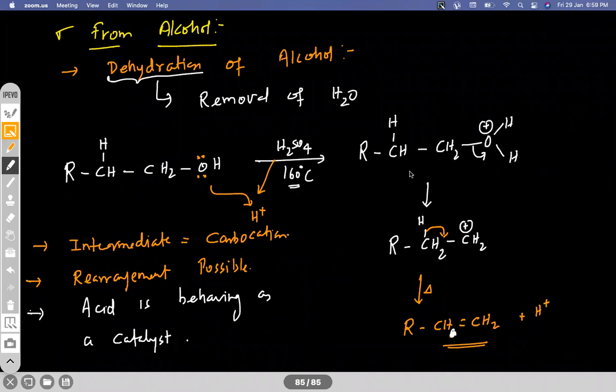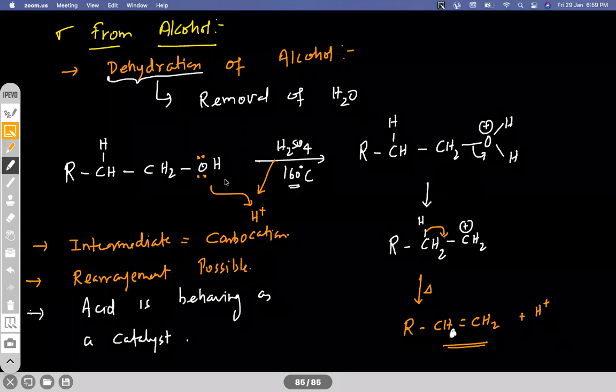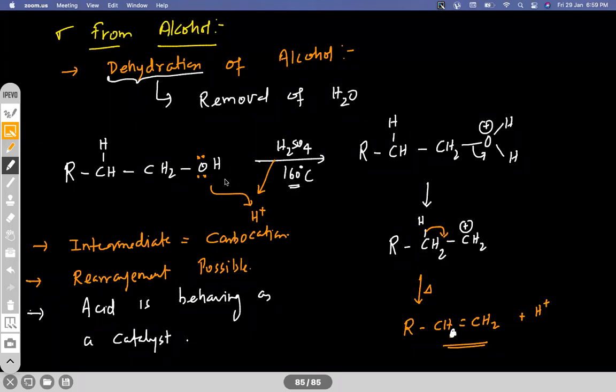No, actually, see what happens. OH is a poor leaving group. Correct. If you want to remove this OH, then you have to protonate it. Without protonation, you cannot remove OH from here. So the oxygen has two lone pairs, electron density is high, so an acid gives H plus.